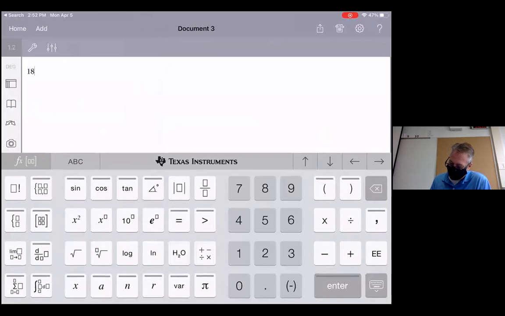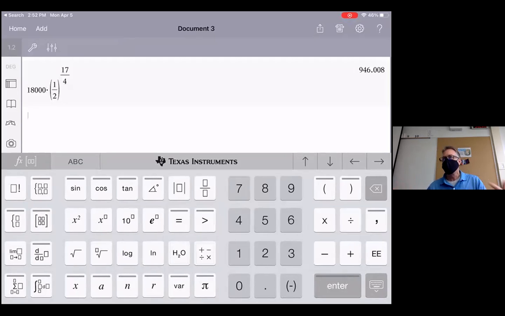We had $18,000 times 1/2 to the, and that was 17 over 4, I believe, right? So remember when you use the app, I'm going to click and hold the enter.